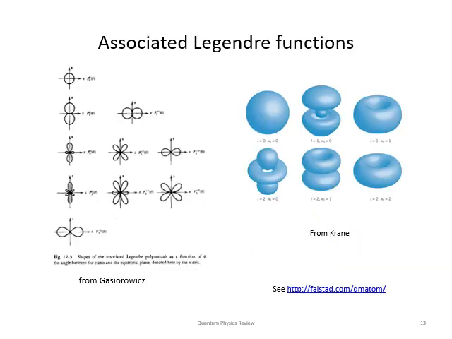These functions have been represented in a variety of ways, and I've just got a couple of examples here. Here are some figures taken out of Crane that attempt to give you some representation for what the angular portions of the wave functions look like.